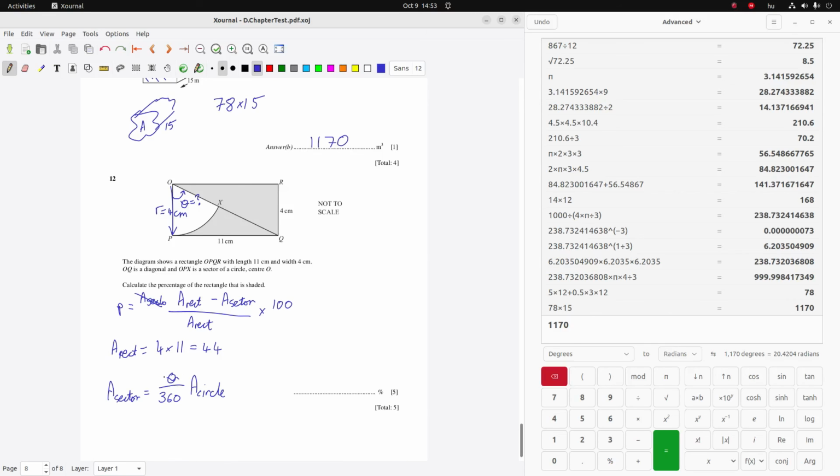Anyway, let me just tell you how to get this angle. Remember that tan of theta is equal to opposite over adjacent, 11 divided by 4. That means that inverse tan of that gives the angle.